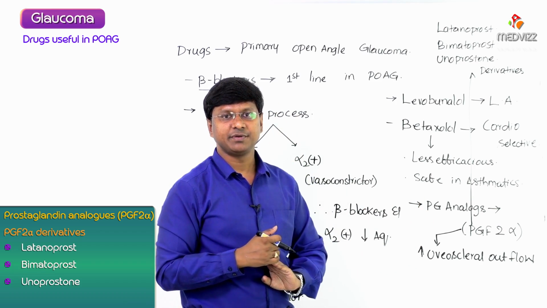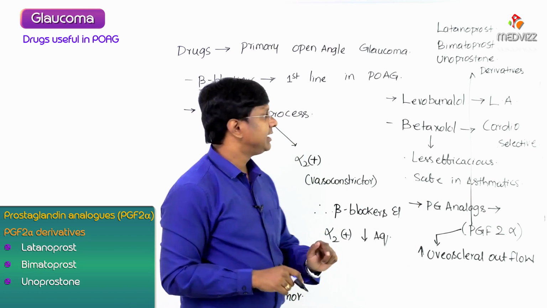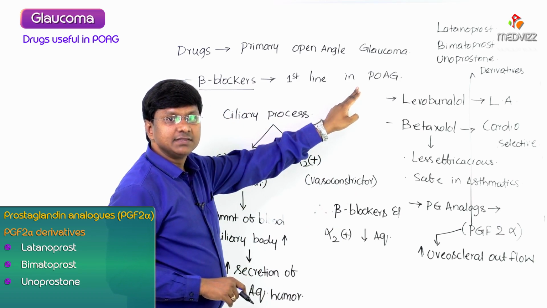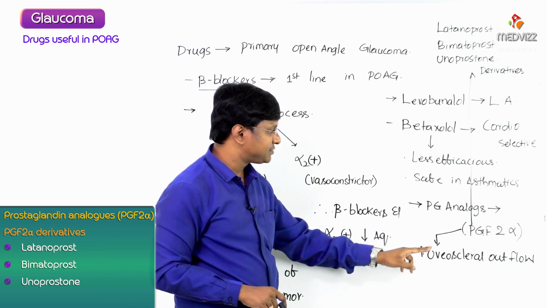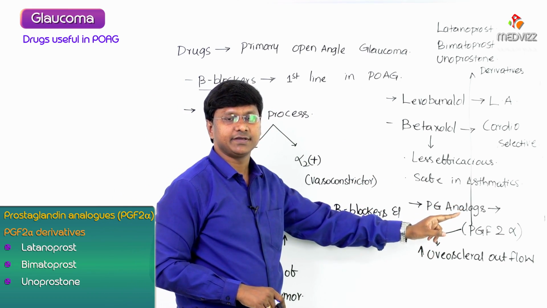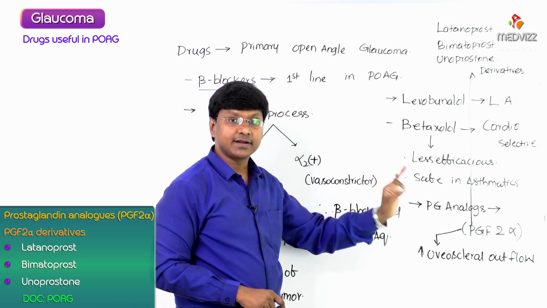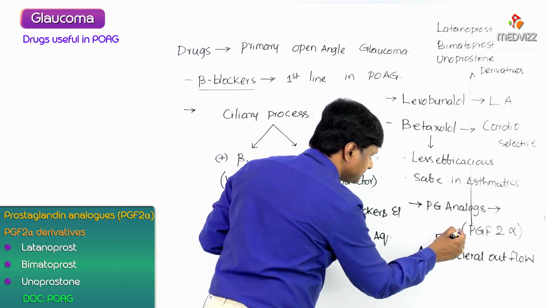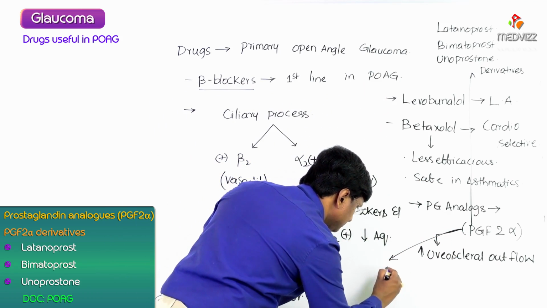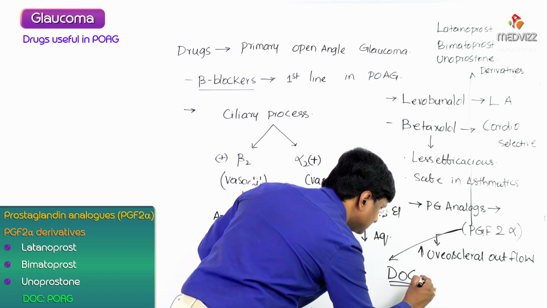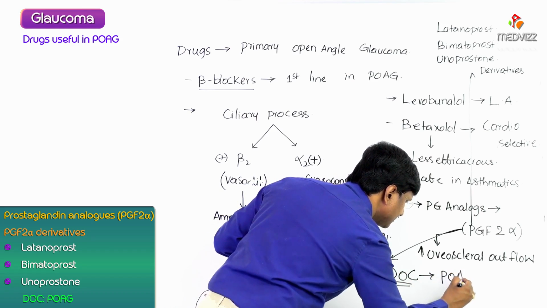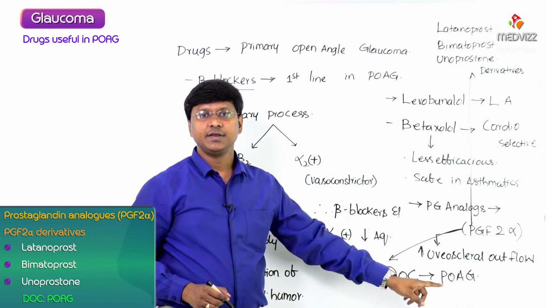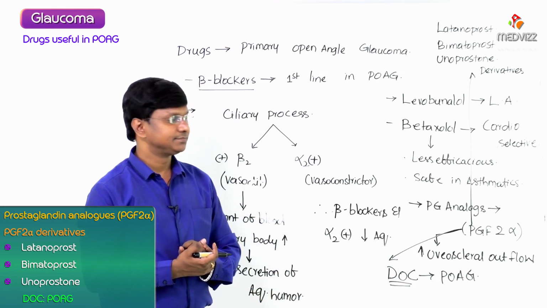Now a point you should remember is, presently in case of primary open angle glaucoma, these PGF2 alpha derivatives are considered as the drug of choice for primary open angle glaucoma.